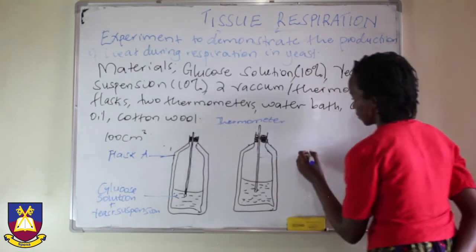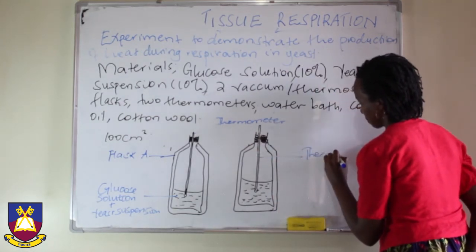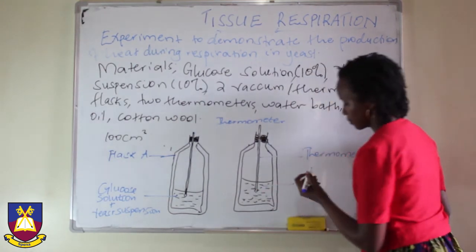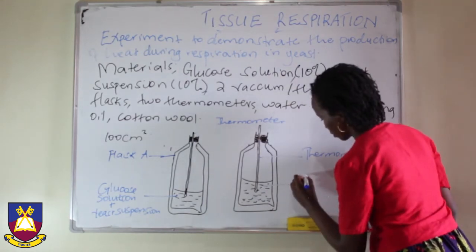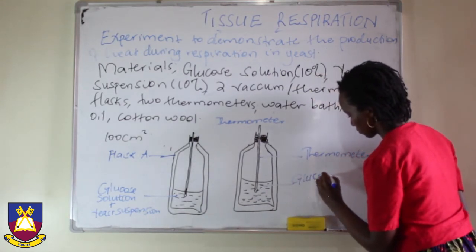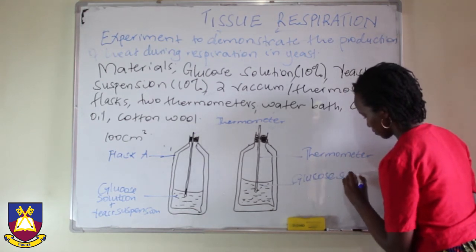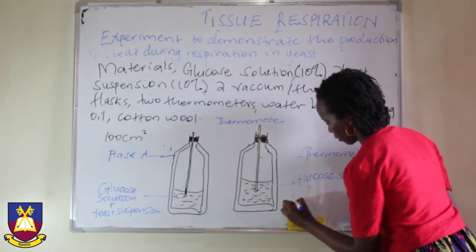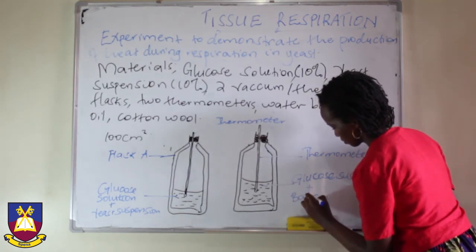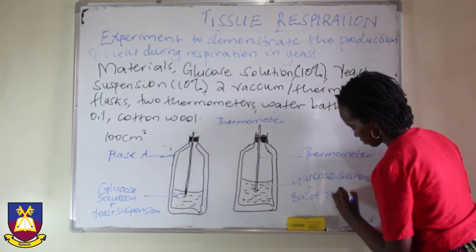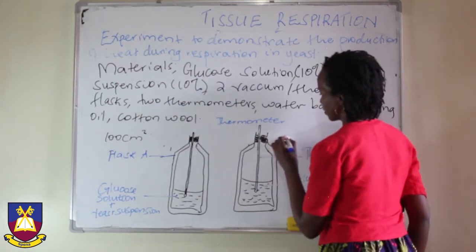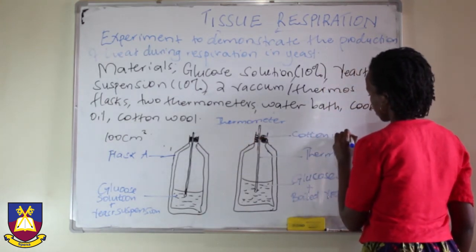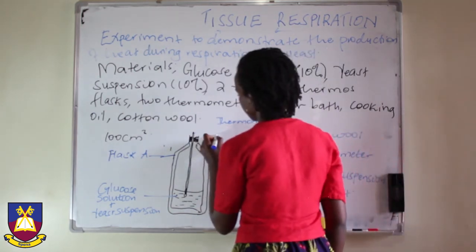This one too is our thermometer. We have another glucose solution here, and now we have our boiled yeast. Okay, so this is our cotton wool.